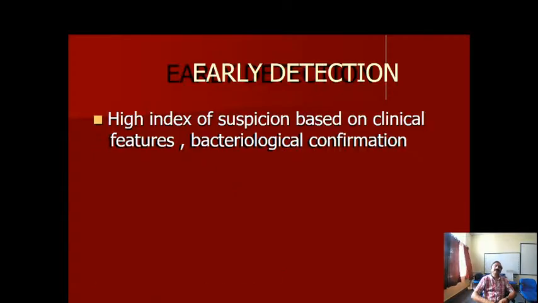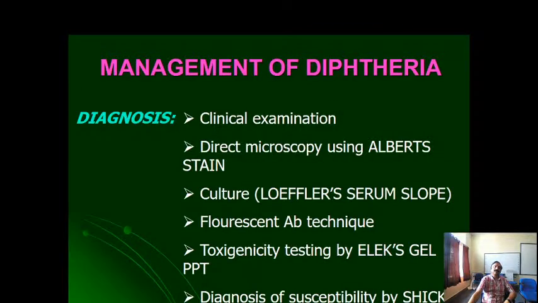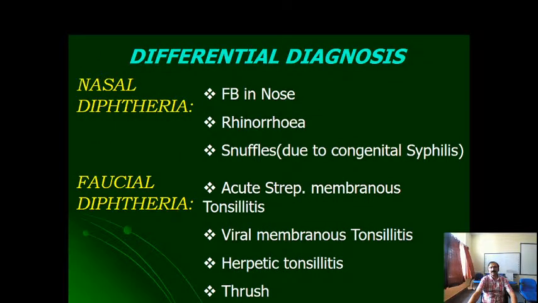Early detection involves a high index of suspicion based on clinical features and bacteriological confirmation. Diagnosis is by clinical examination, Albert stain, culture on Loeffler's serum slope, fluorescent antibody test, toxigenicity test by the Elek gel precipitation test, and diagnosis of susceptibles by the Schick test.